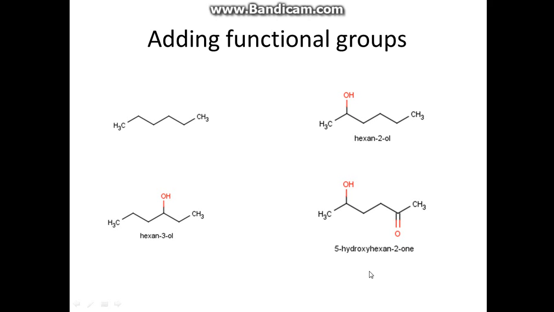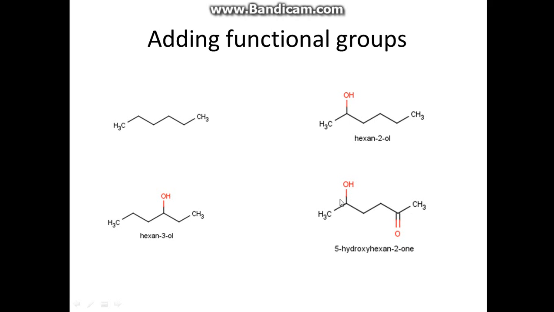And here's a good one. We've got 5-hydroxyhexan-2-one. The one refers to this ketone group here, which is at position 2. The hydroxy, which is the prefix for an alcohol, has to be moved to the front because the ketone has taken over the suffix ending. Because the ketone takes priority, it's numbered 2.